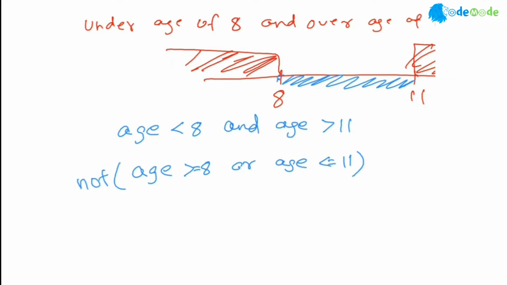That means you took this block and you are saying exclude this block, everything else is fine. And this is where you use the not operator in general. But it's a right way, though not a common practice. You always go very specific and say age less than 8, right? And age greater than 11.